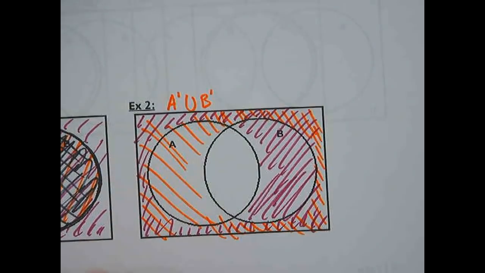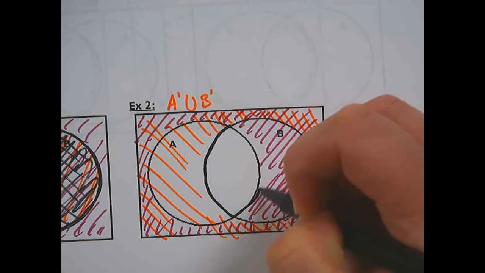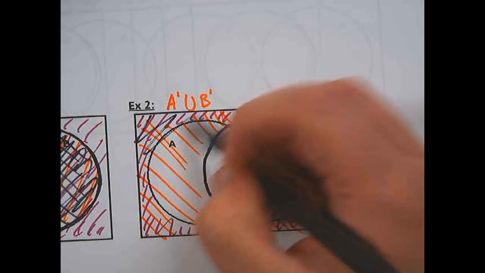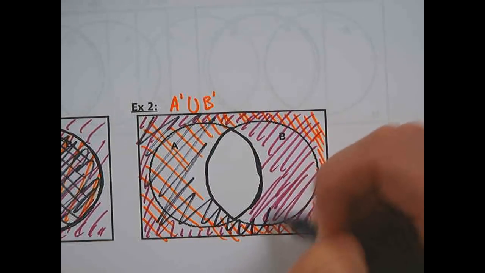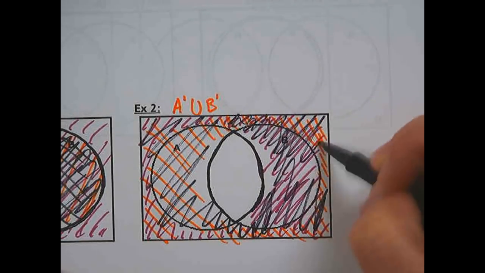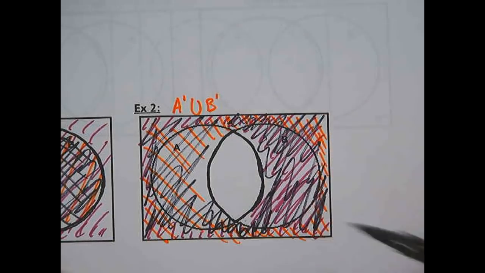So, looking down here, our union is going to be pretty much everything except for the middle section. So our union is going to be everything out here, because all of this has at least some color on it, either pink or orange. So the black, everything outside of the middle, is going to be our union of the complement of A and B.